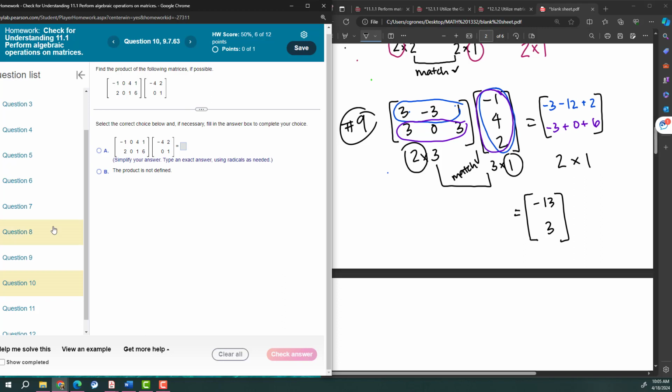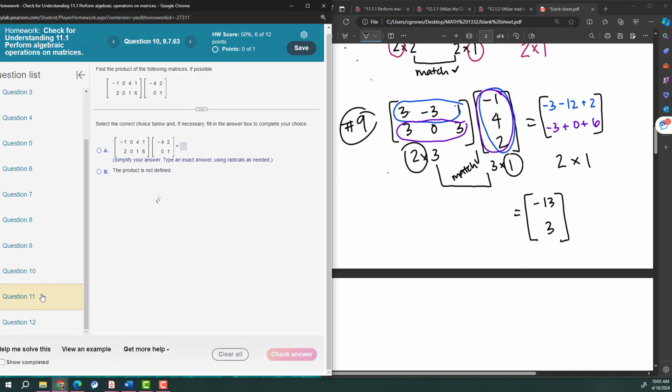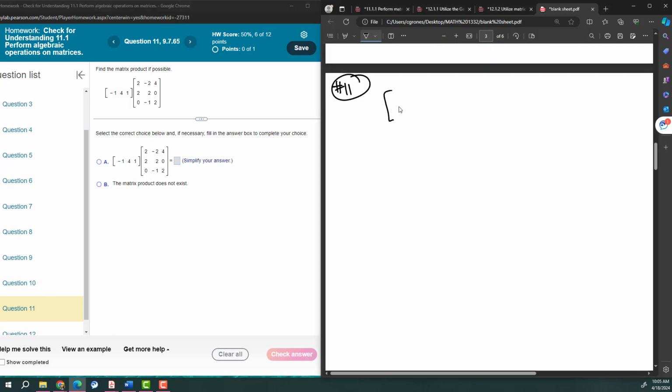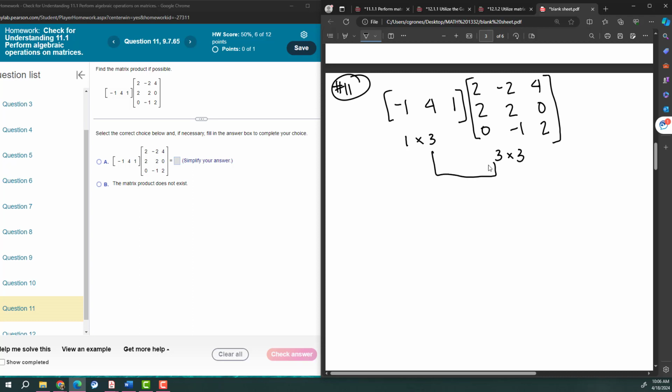And then the last one for this homework is going to be number 11. So same thing, we've got 1 row and 3 columns, and then here we have 3 rows and 3 columns. So our product is going to be, these match.